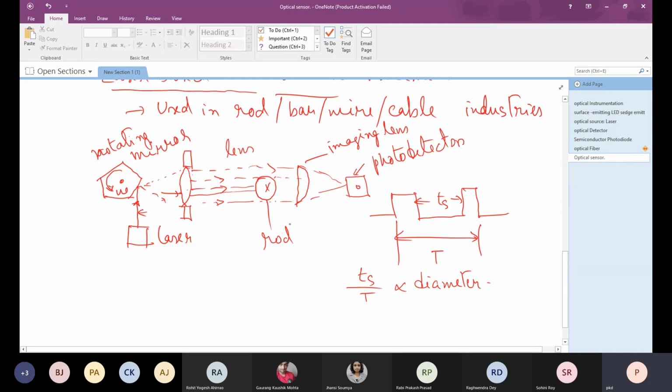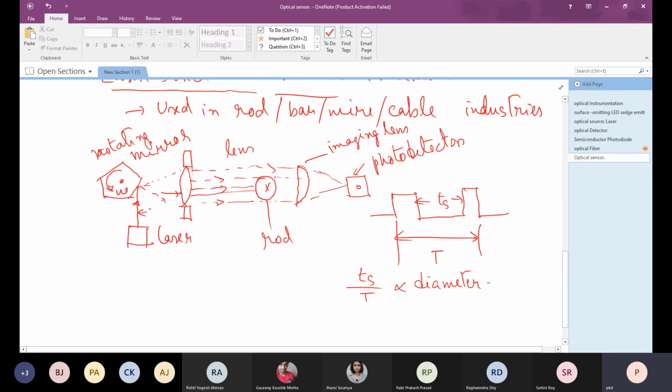Then we can know the ellipticity of the rod as well. So two counters or three counters can be set to simply measure this time, which is proportional to diameter. The scheme is very simple and can be made very rugged as well.